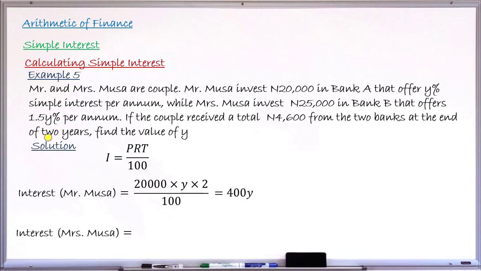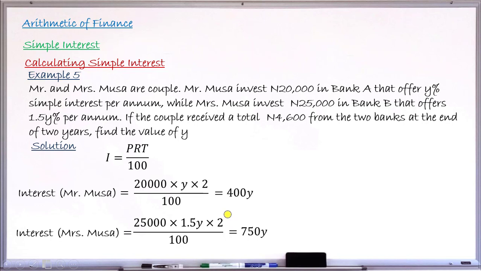So I'm going to have her interest, that is 25,000 multiplied by 1.5, that is the rate of interest, multiplied by 2, the duration, that is the time, divided by 100. Reducing this, cancelling 2 zeros in 100 with the 2 zeros, you now have 250 multiplied by 1.5 multiplied by 2. If that multiplication is done correctly, you have 750.